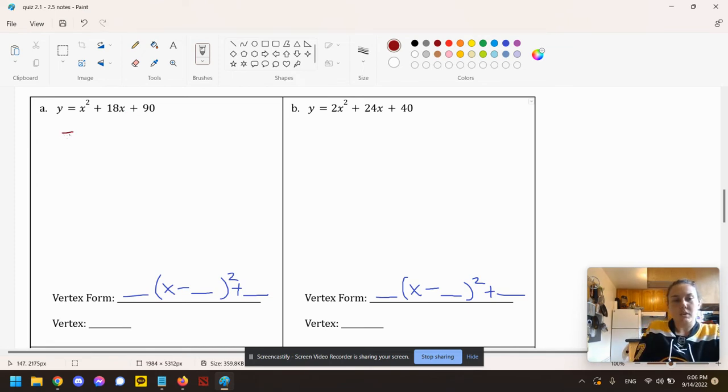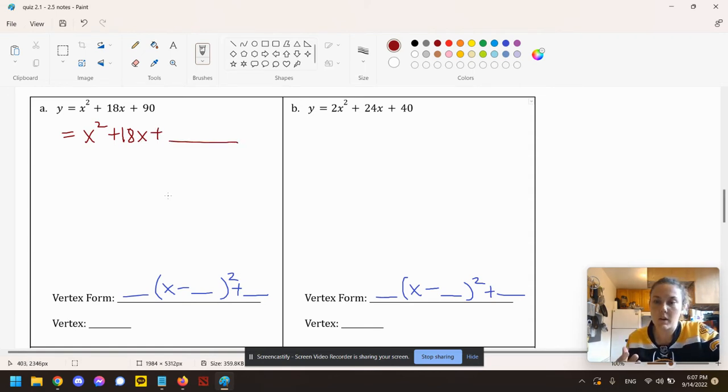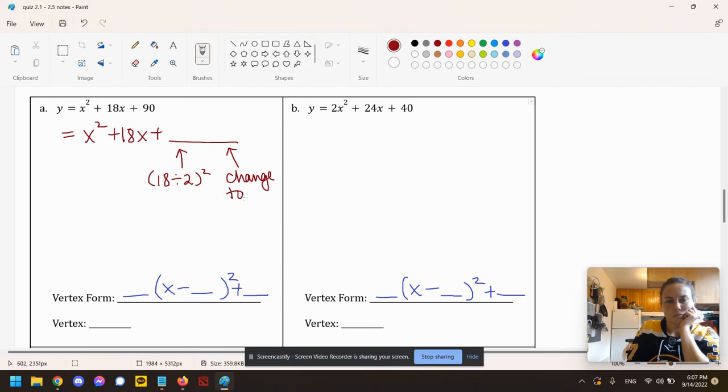So what I want to do is write this as if it were a perfect square, by doing 18 divided by 2 squared right here. And then I want to change it so that my equation actually equals 90. That the c actually equals 90.